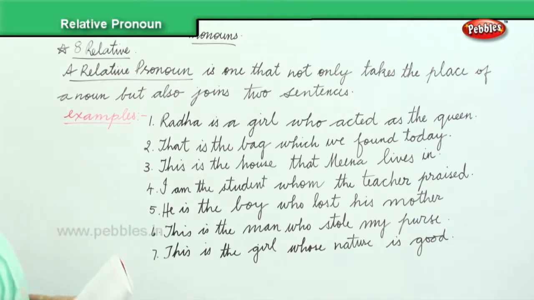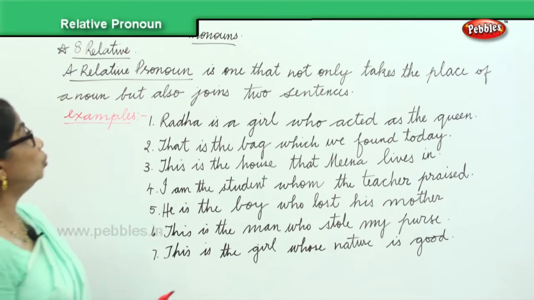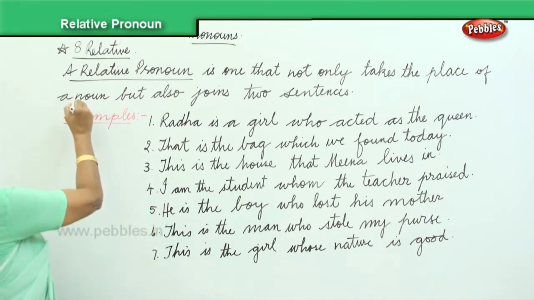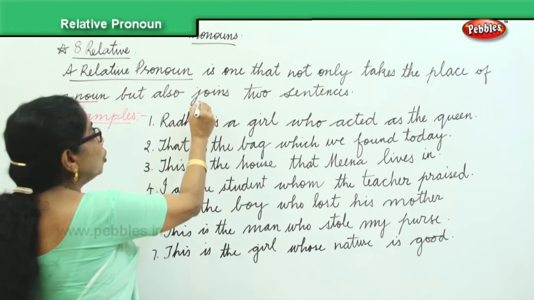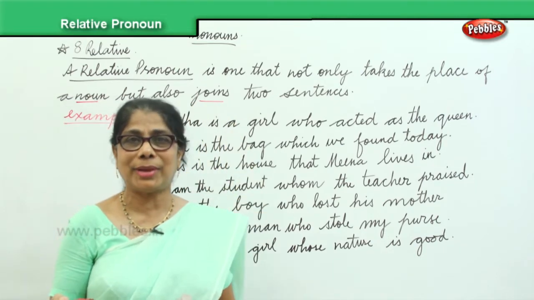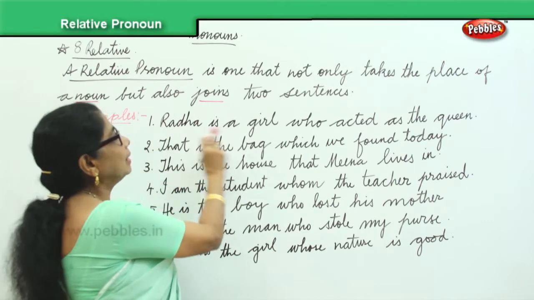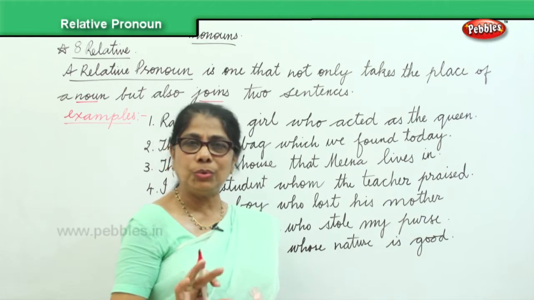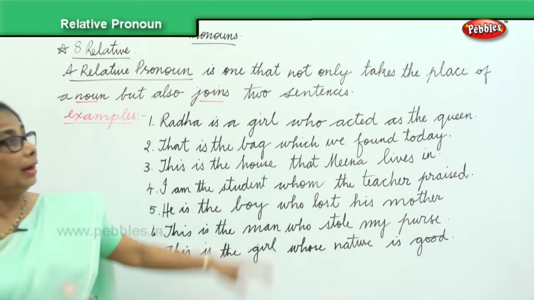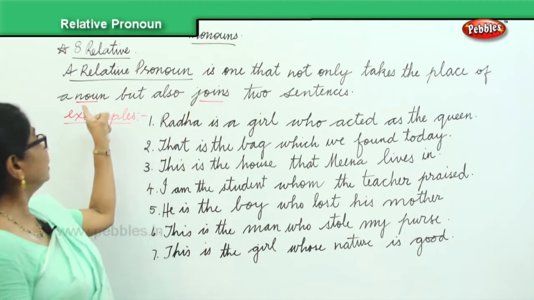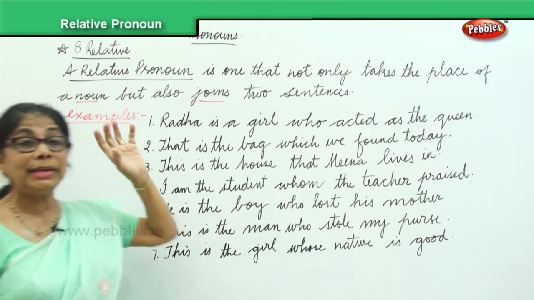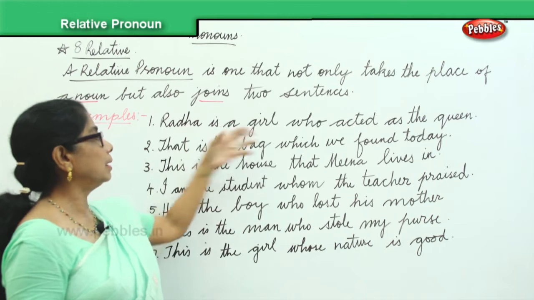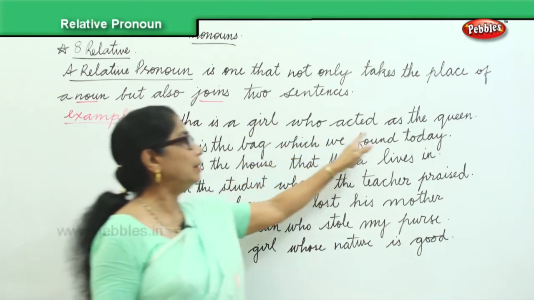Here, it says a relative pronoun is one that not only takes the place of a noun but also joins two sentences together. So you have two sentences here. Radha is a girl. Radha acted like a queen.